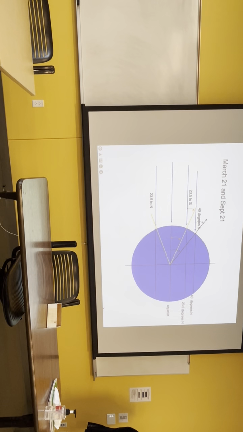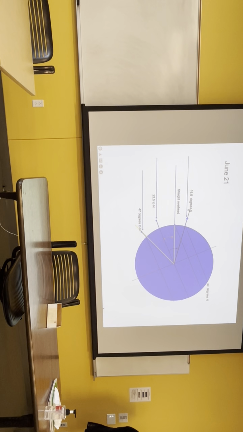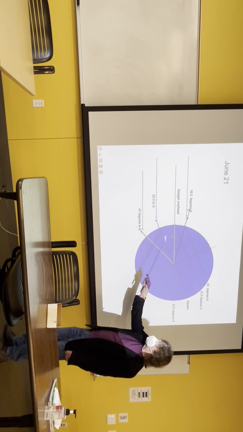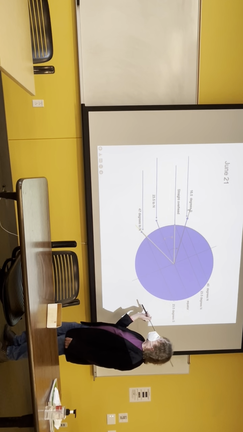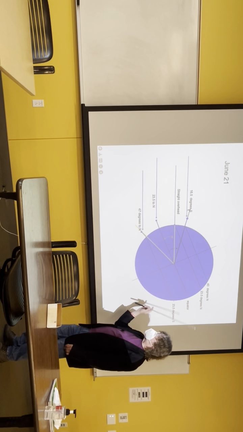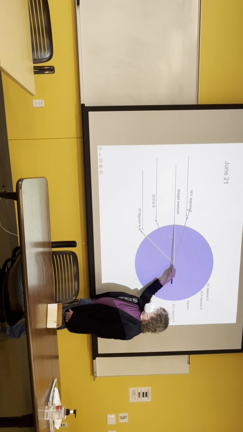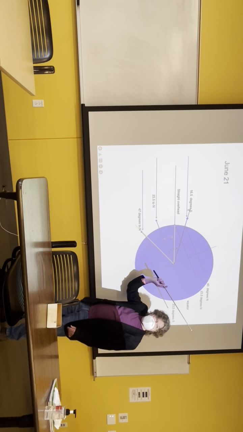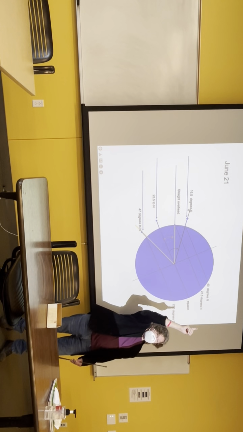Okay, so let's go to summer, for us, June 21st. This is how the relationship between the solar energy and the Earth would be. So someone at 23.5 degrees north latitude at high noon on June 21st, the sun would be straight up.